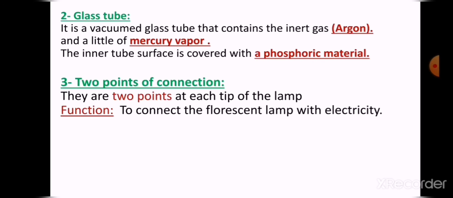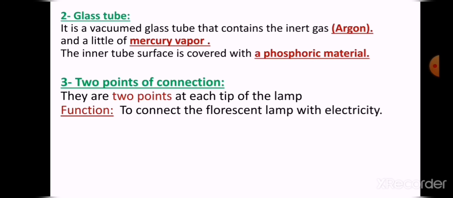So the glass tube in the fluorescent lamp contains argon and a little mercury vapor, but the light bulb contains argon gas only instead of air. And the inner surface of the glass tube is covered with phosphoric material.